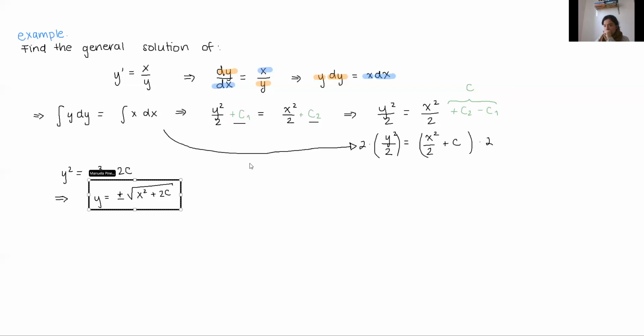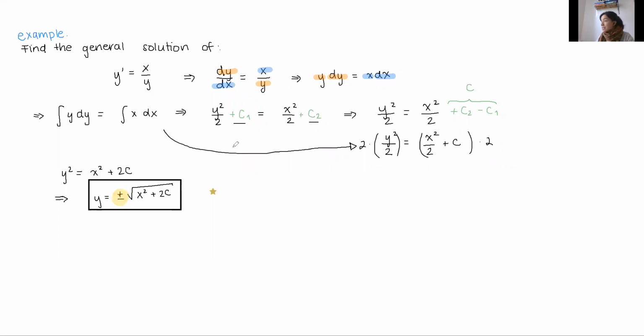One warning here is that I have 2 possibilities, right? So I have plus or minus the square root of x squared plus 2c. I know that I have 2 hands that are raised, so I'll just address this, and then if you still have a question, I can answer it in a second. So one of the big things here is that my solution has a plus or minus in front.